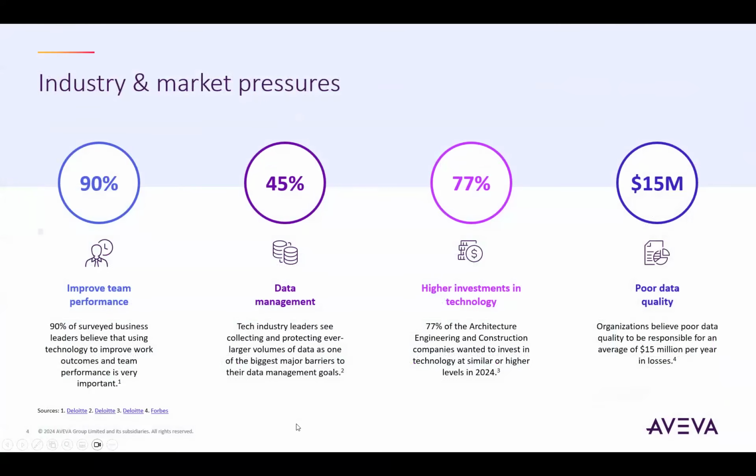Moving along, just to give you a perspective of the industry and the market pressure that we see and foresee in the future, there are four segments that I will talk about. Those come from reliable survey sources. First, for improved team performance, 90% of the surveyed business leaders believe that using technology to improve outcomes and team performance is very important to them, according to Deloitte.